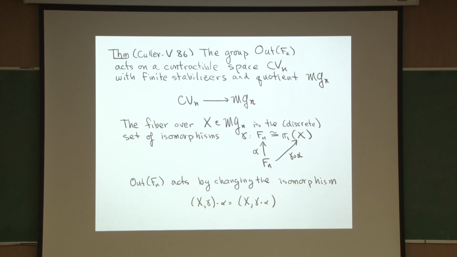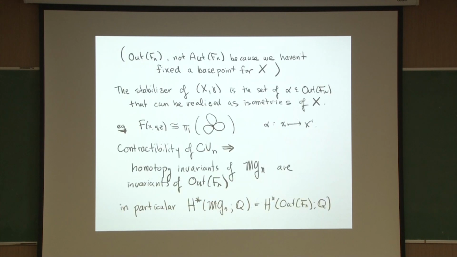And why did I say that Out(Fn) acts instead of Aut(Fn)? The point is that we haven't fixed a base point for this space. So when I talk about the fundamental group of this space, it's not actually well defined. It's only well defined up to a change of base point.